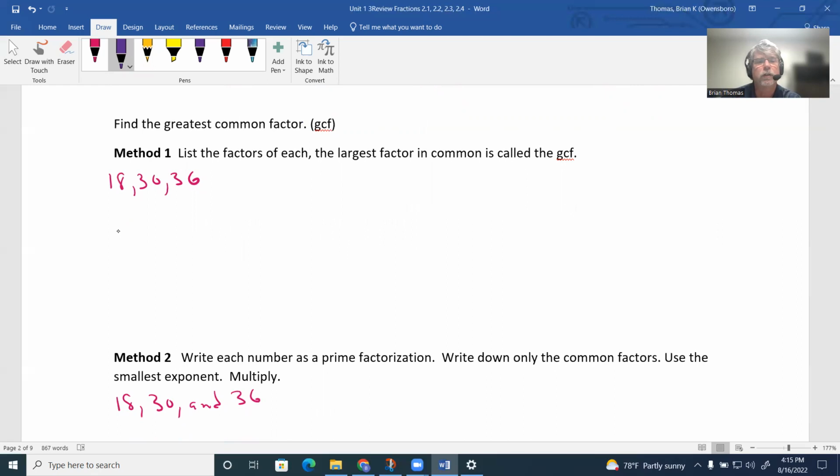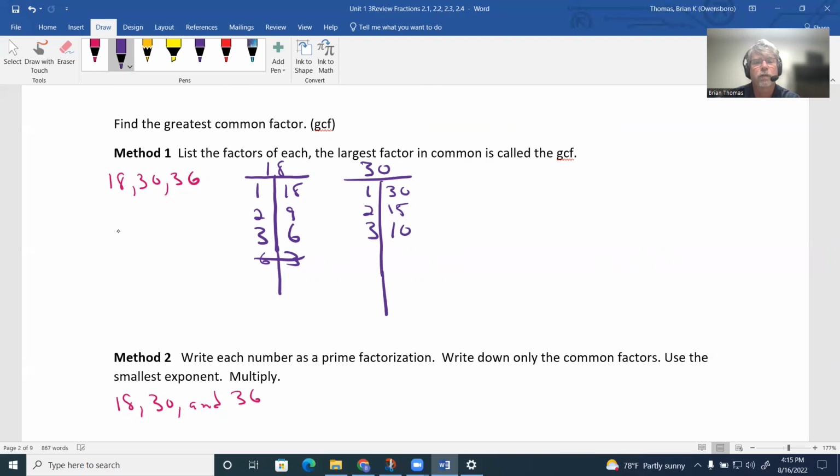So one way to do this is list the factors of each number. Again, if I use the T-chart, 18, I would have 1 and 18, 2 and 9, 3 and 6, 4 doesn't work, 5 doesn't work, 6 and 3. So those would be the factors of 18. The factors of 30, we have 1 and 30, that's a pair, 2 and 15, 3 and 10, 4 doesn't work, 5 does, 5 times 6, 6 times 5, that's repeating.